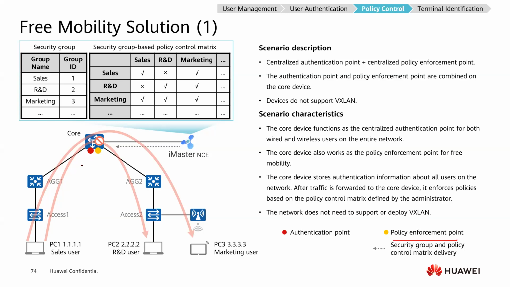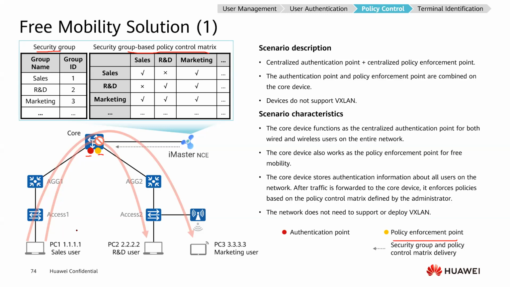So when the user goes online, the authentication point will create the online user entry table with the IP address associated with the security group. And the controller creates the security groups, also creates the policy control matrix, and sends this matrix to the policy enforcement point.